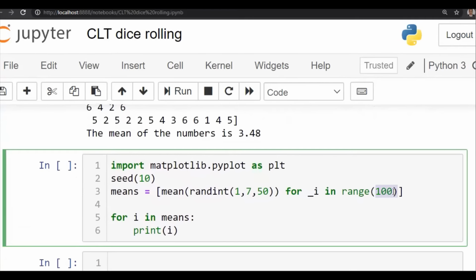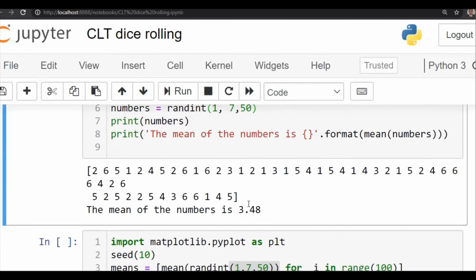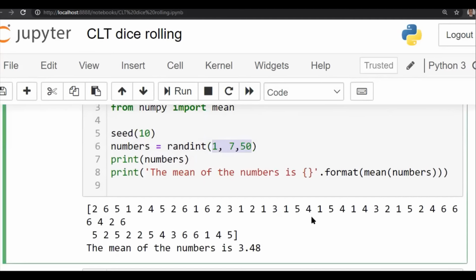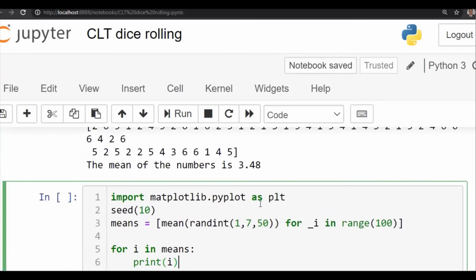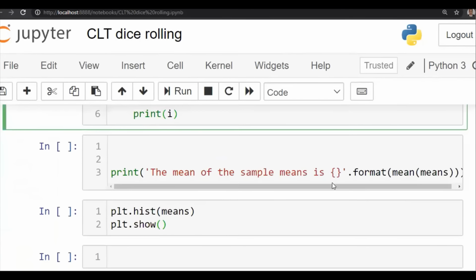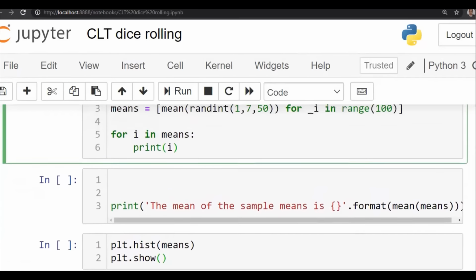100 times. 100 times I have to do this task. See, this task, I got 3.48 here. I've taken once. Now, if you do it here, I used a for loop.